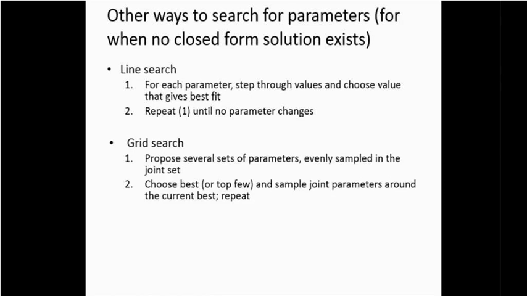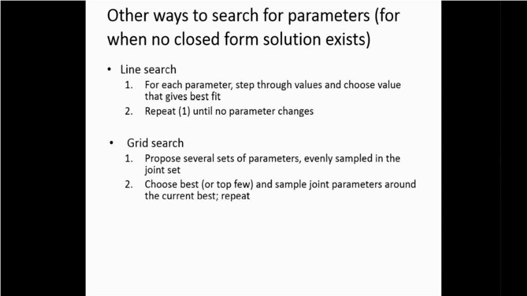But the generalization of that is a grid search. On one axis you have your A parameter. On the other axis you have your B parameter. And then you want to try all possible values of A and B along with some step size, and then choose the values that minimize your error function.